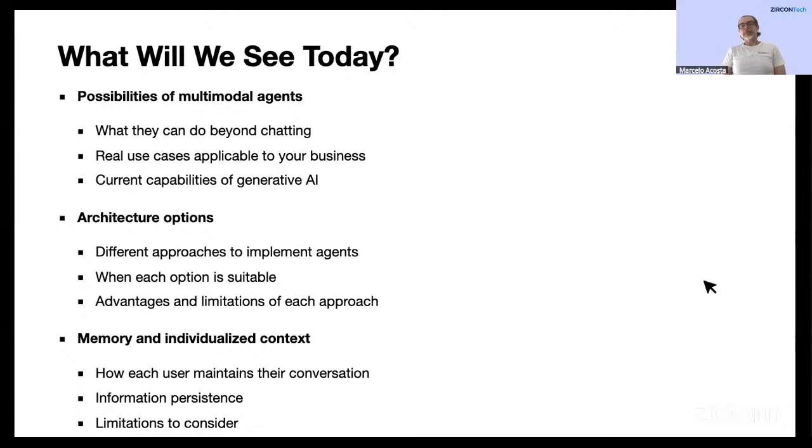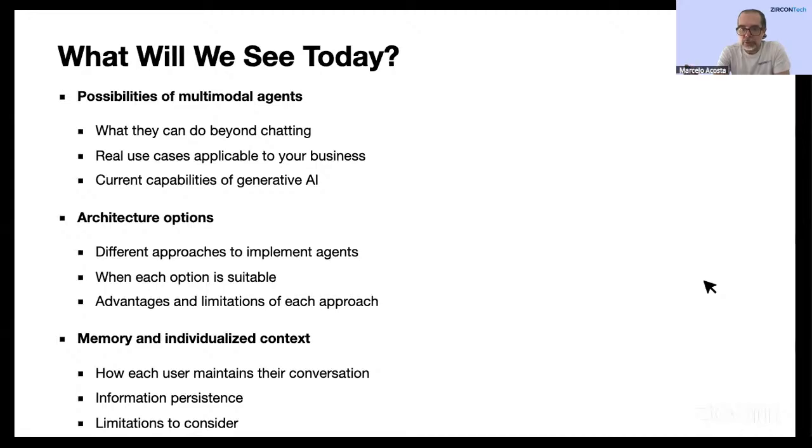Today we will be focusing on the possibilities and practical applications of multimodal agents. We will be discussing a WhatsApp bot that can manage multiple ways of messaging. For this, there are multiple approaches that we can take: Lambda orchestration, Bedrock agents using something like LangChain, step functions.